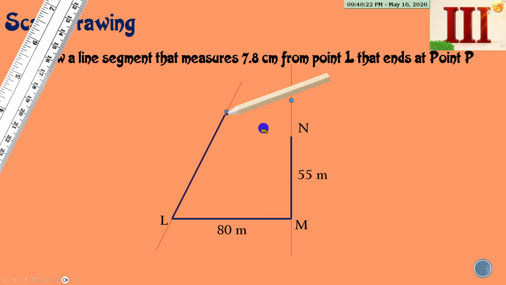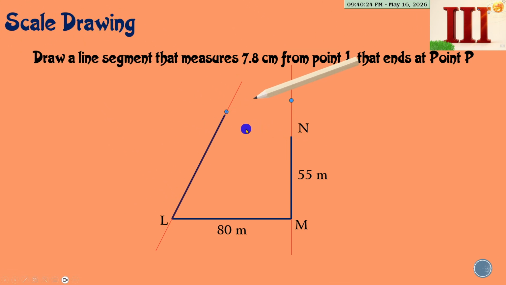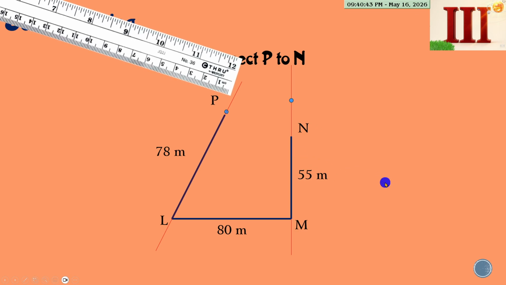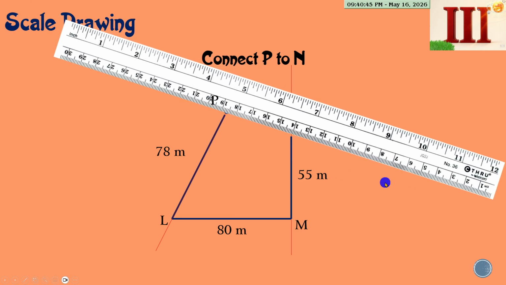So once we have this, we're going to put this as P. And then we're going to put in 78 meters for the actual distance. We're doing a scale drawing. The scale drawing is showing the actual distance in reality. And then we finally connect P to N, as we were asked to.